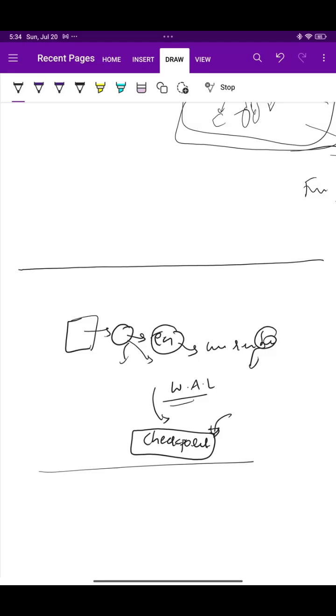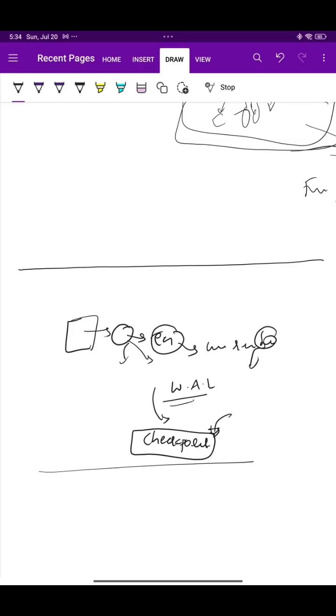One point here is that checkpoint will flush the data pages. For those pages, it checks whether the log record is updated or not. If the log record is not updated, then first the log record is flushed. The log record must be flushed. Then the checkpoint proceeds. Before the checkpoint, it also creates one log record related to the checkpoint operation.